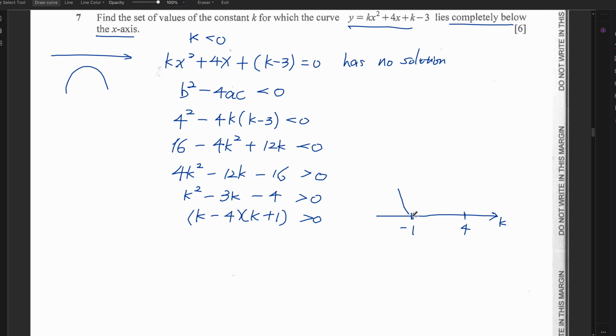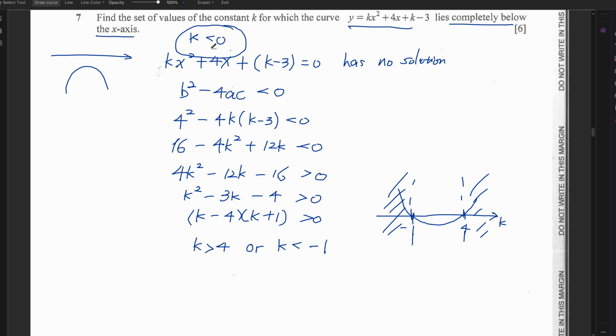The graph is U-shaped, and we need the positive portion of the graph. So it's this portion and this portion. That gives us k greater than 4 or k smaller than negative 1. But k must be smaller than 0, so k greater than 4 is rejected. Hence, k is smaller than negative 1. This is the answer.